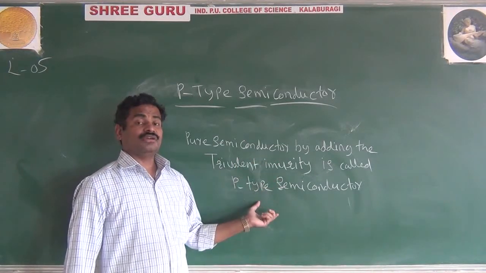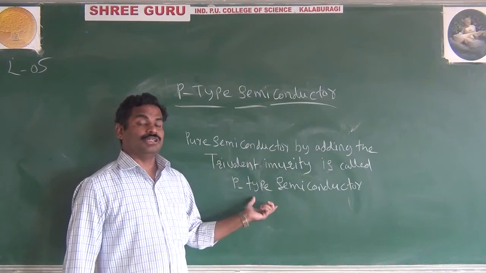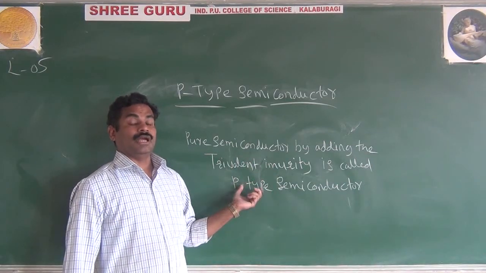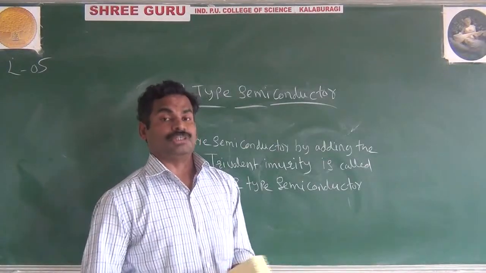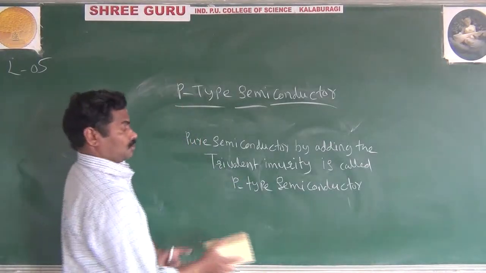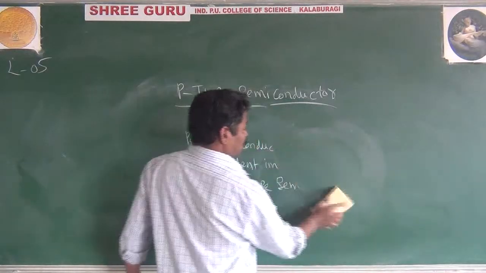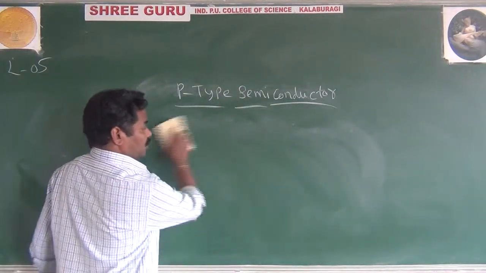And if you draw the crystal structure, then you can understand very easily how we add the impurities, especially when adding trivalent impurities in a pure semiconductor.